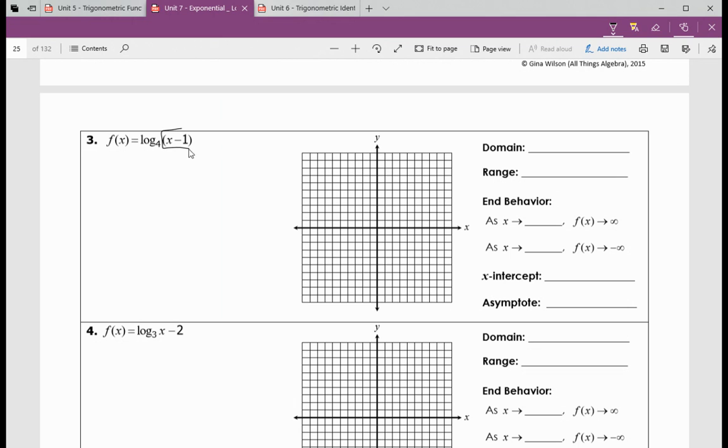When you have the group, that changes your domain. So we're going to set x minus 1 greater than 0. So that means my domain is going to be greater than 1. I only do that if I have a parentheses. If I don't have a parentheses, we stay at 0. Which means my asymptote is now at x equals 1.